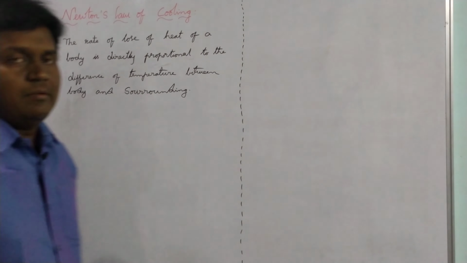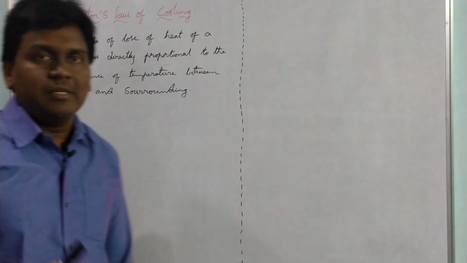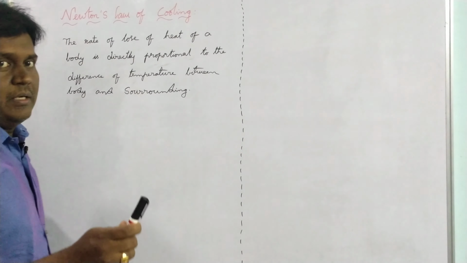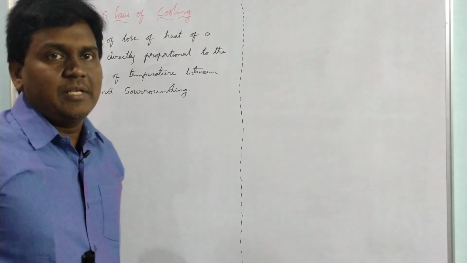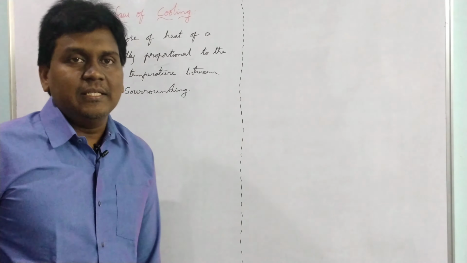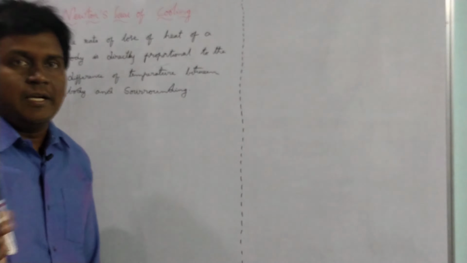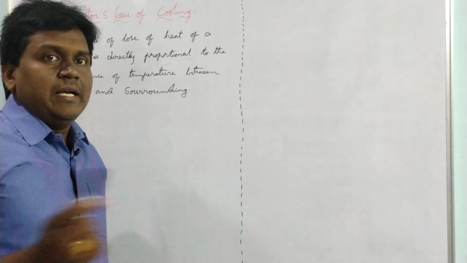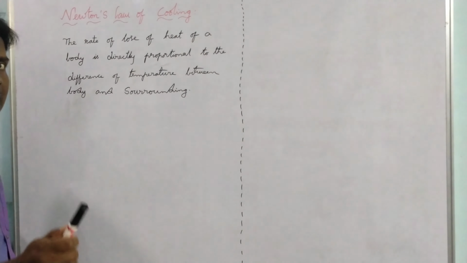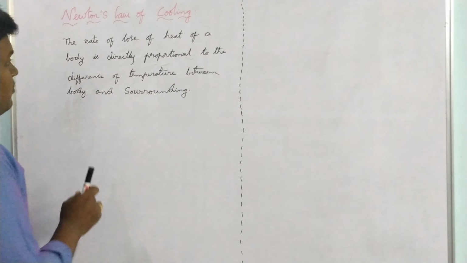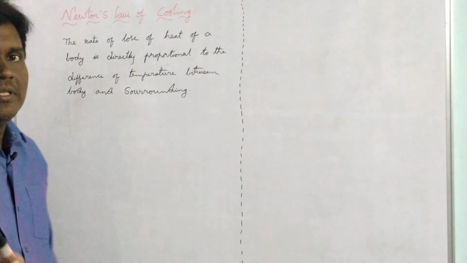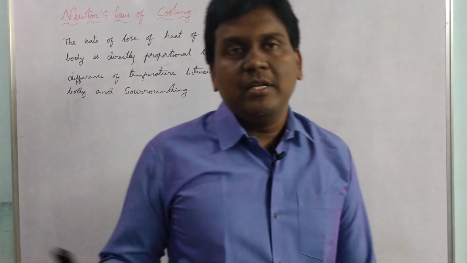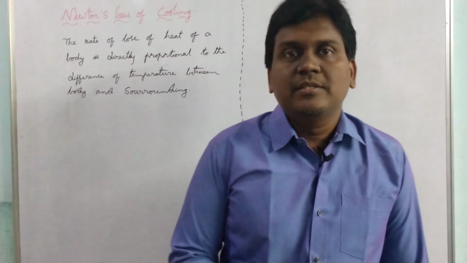If an AC room is at 24 degrees Celsius and a hot cup of coffee is at 80 degrees Celsius, the difference is very large. So the radiation of heat will also be very high between body and surroundings. So it depends upon the temperature of the body and the temperature of the surroundings.